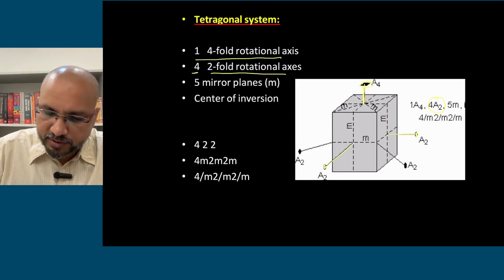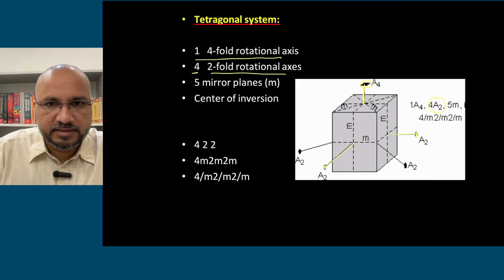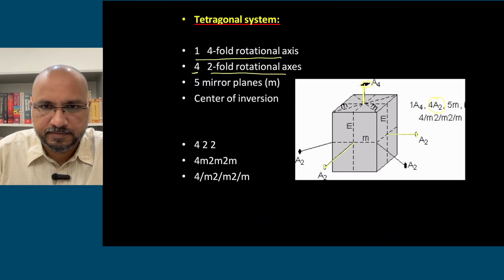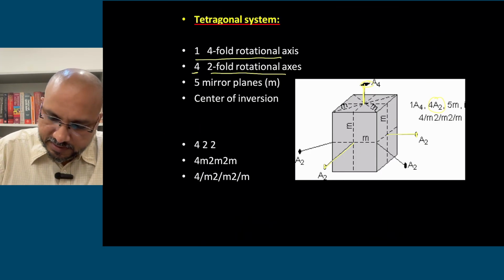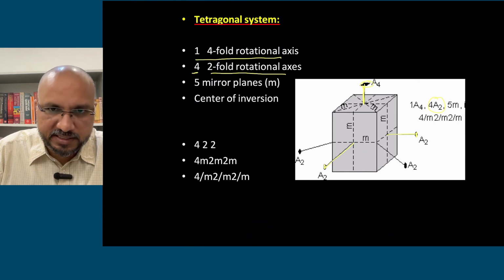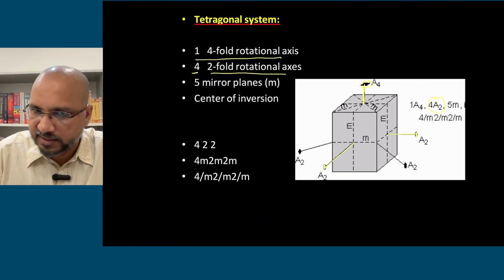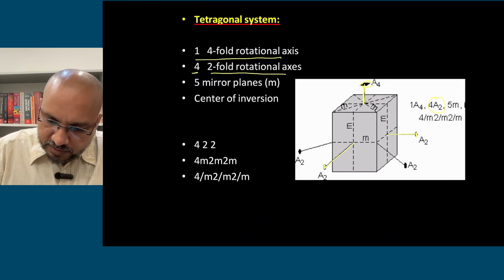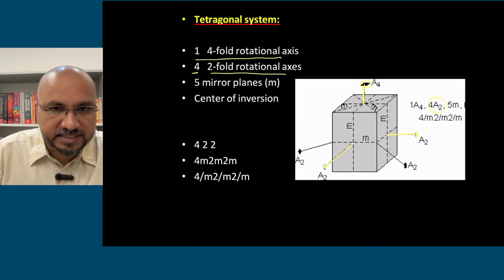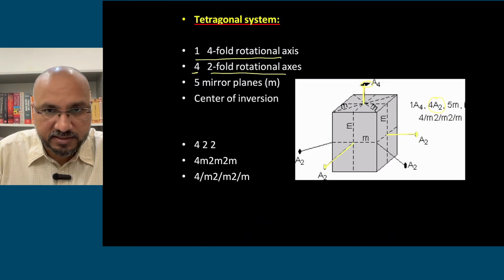Why are we saying unique? Because the faces are different, right? So the rotational axis which is passing through a particular face is different from the other face of the crystal. So this is one unique two-fold rotation axis passing through the center of this face. This is the second unique two-fold rotation axis.